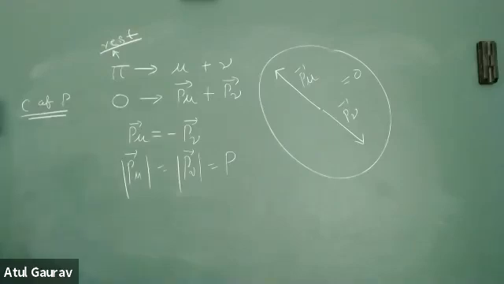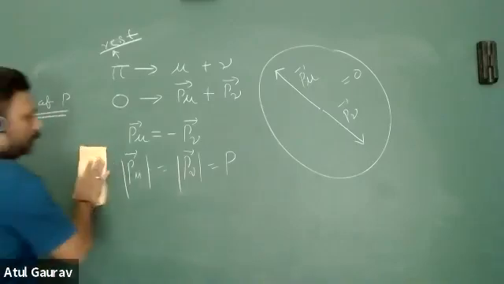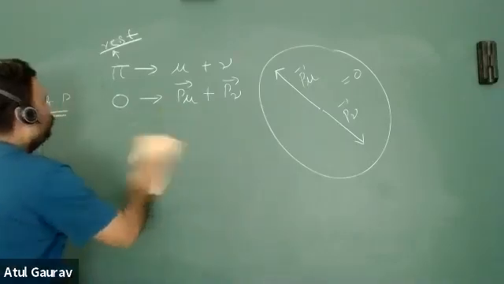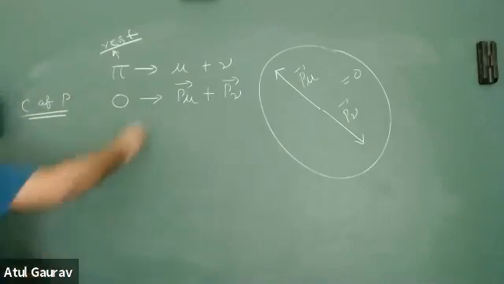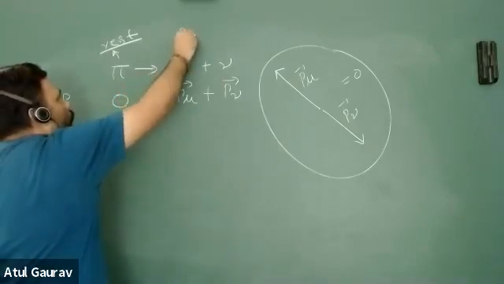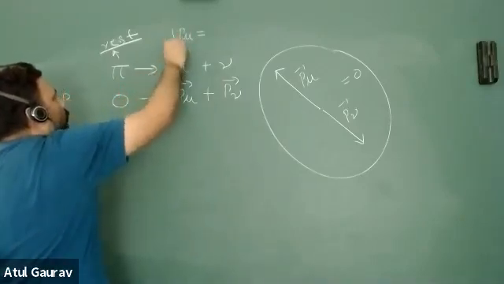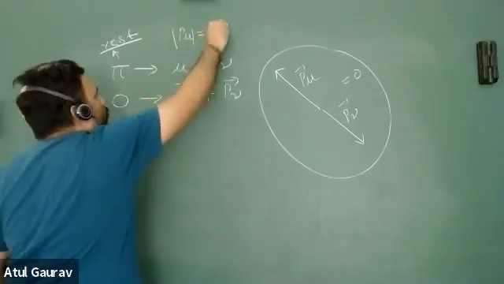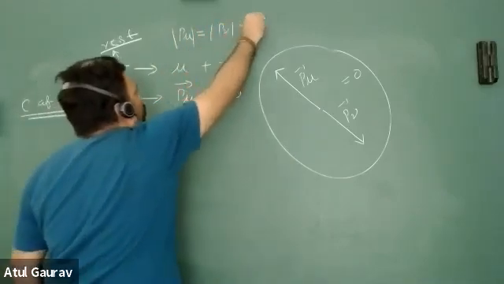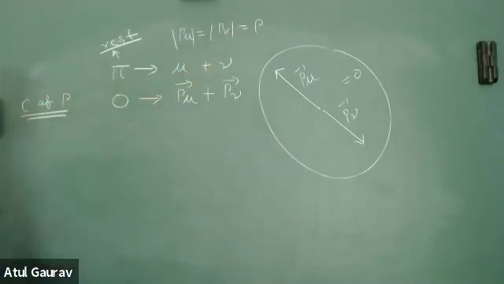Now, the next thing we are going to write is conservation of energy. So we have one particular relationship here, that P mu is equal to, let's say, I am putting the magnitude, P nu is equal to P.